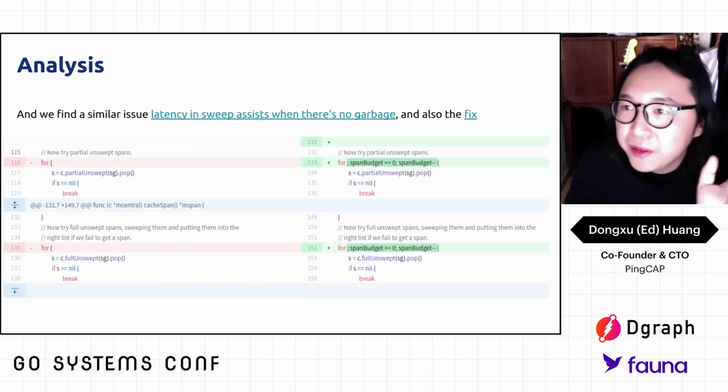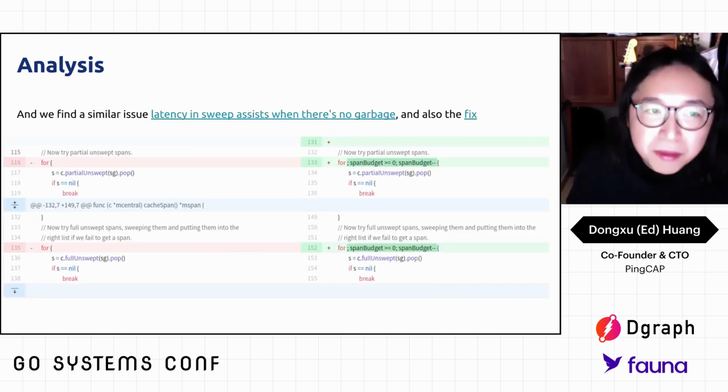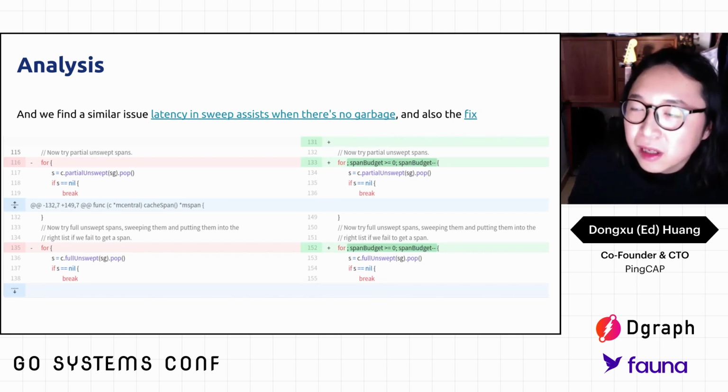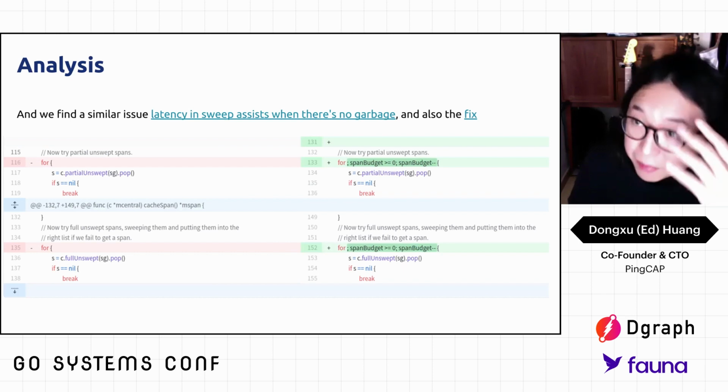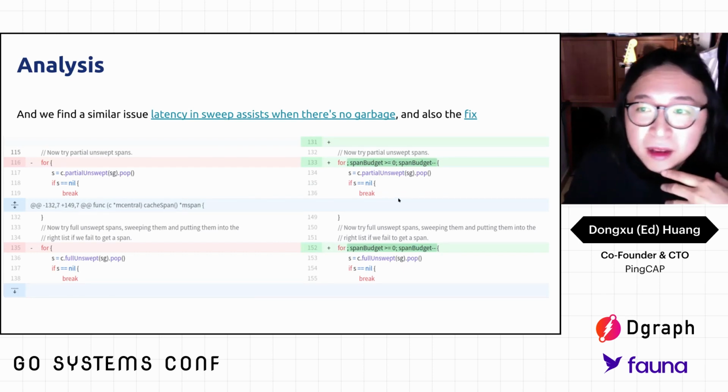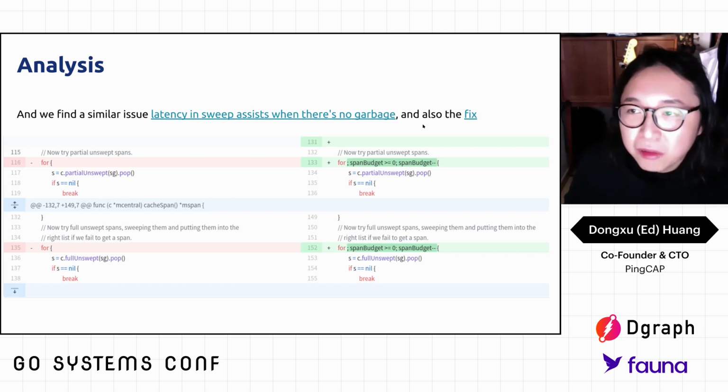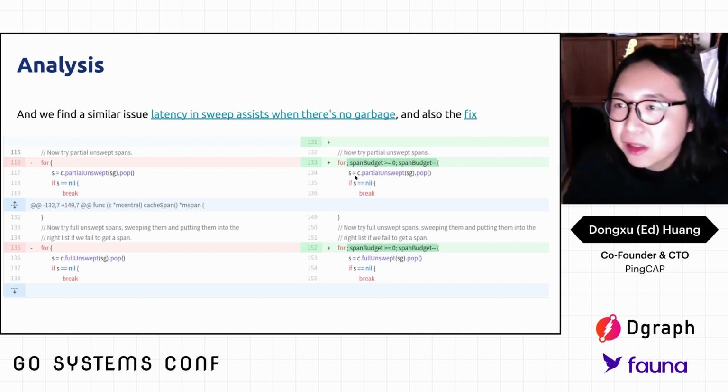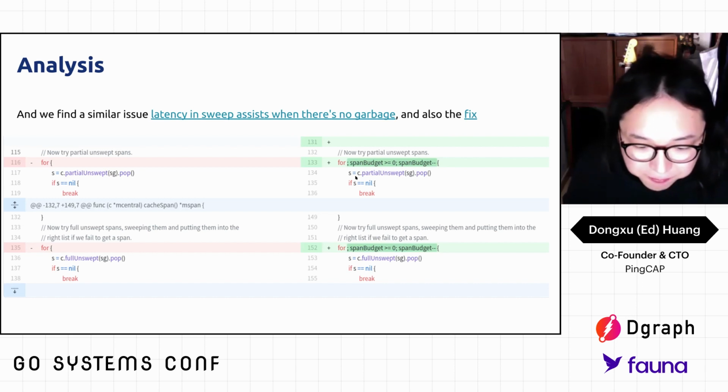So we found a similar issue in Go's GitHub issues, and we're really glad to see that the Go team have already fixed this one. The fix is also very simple.